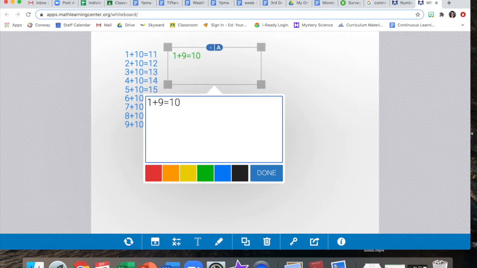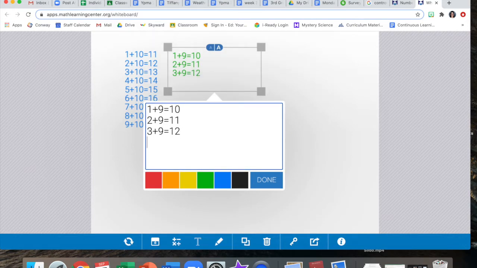That keeps being true. If 2 plus 10 is 12, 2 plus 9 is 11, 1 less. You see 3 plus 10 is 13, then 3 plus 9 would be 1 smaller, it would be 12. Keep going along with me, I'll speed up the camera a little bit so I type faster. And as I type them, say the facts to yourself.